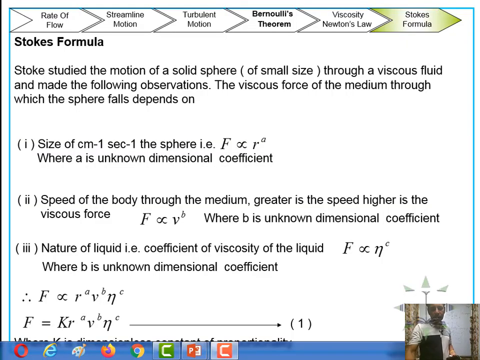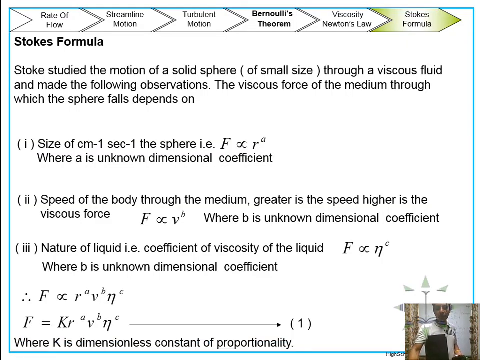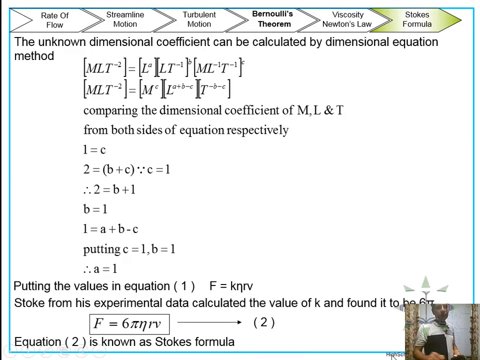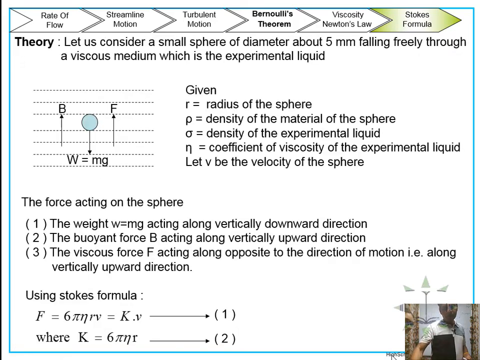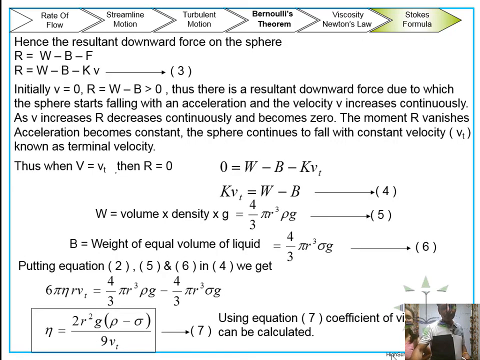Just for the sake of all, we will go through what we have calculated: the Stokes formula and dimension analysis. This is the motion of a solid falling through a fluid. Two or three forces act on this sphere as long as it is in motion, correct?